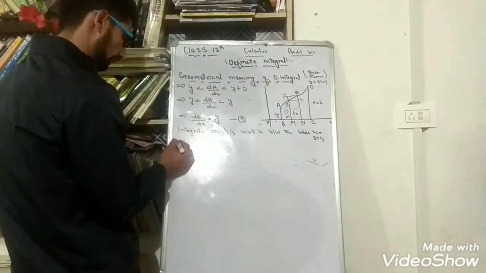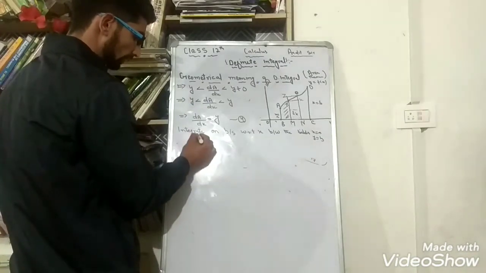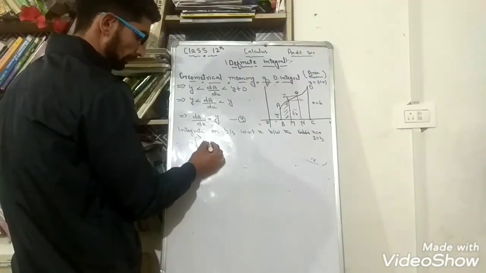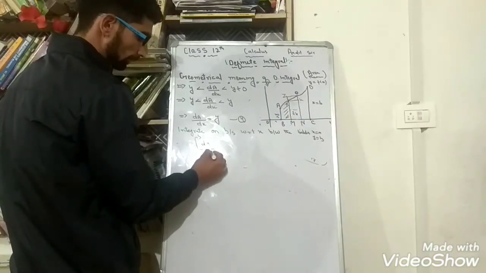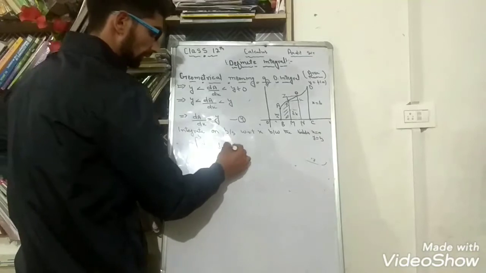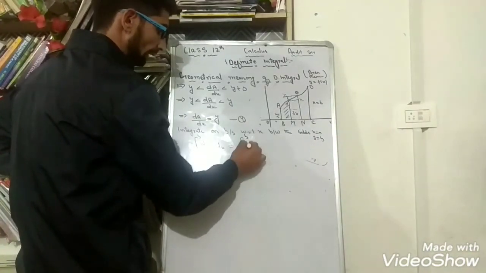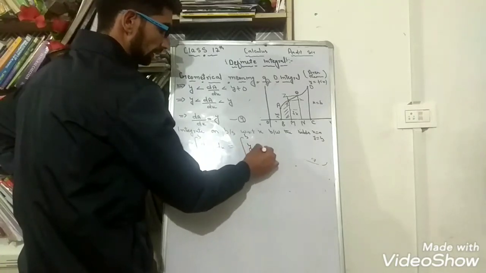So therefore I will get here the integral from a to b of dA divided by dx, times dx, and I will get it equal to the integral from a to b of y dx.